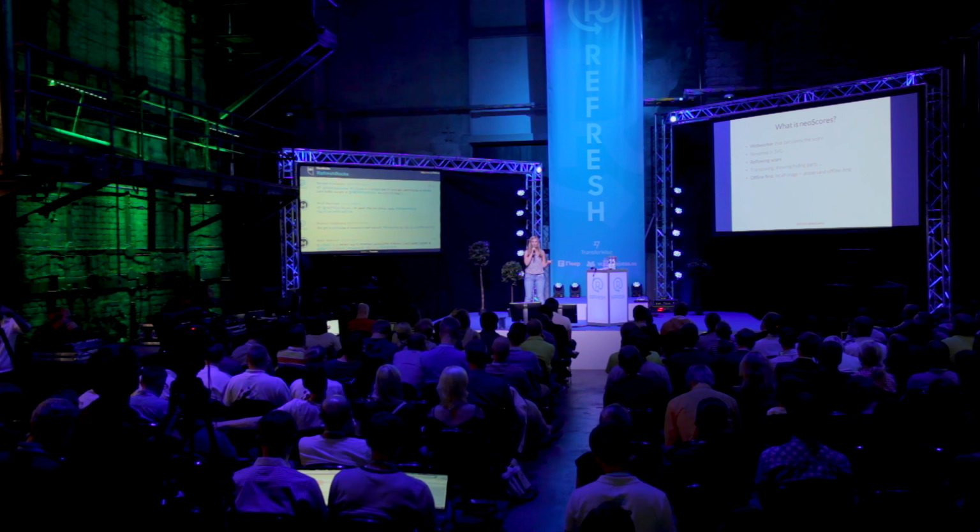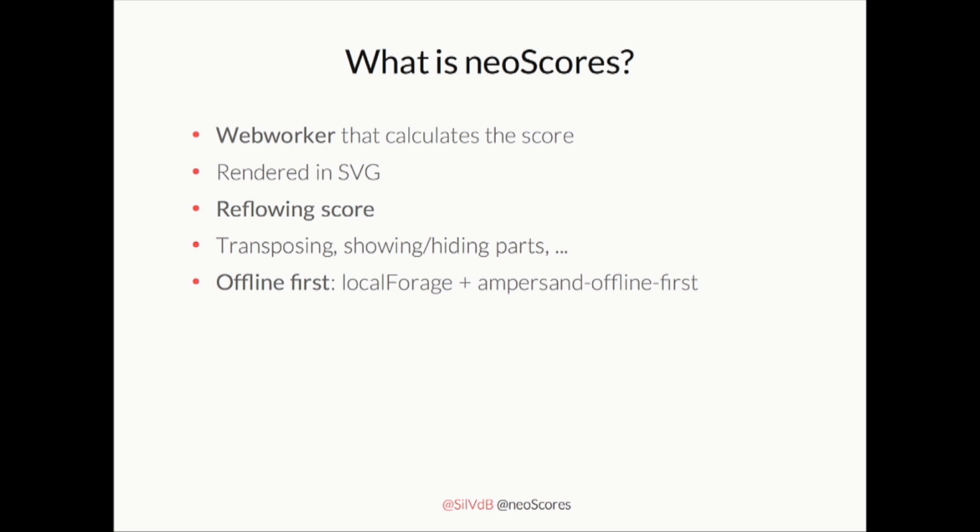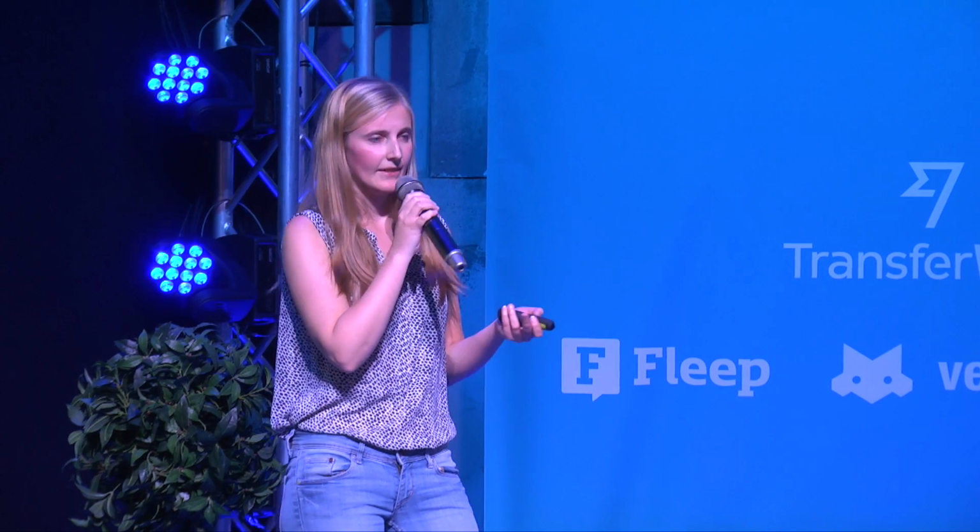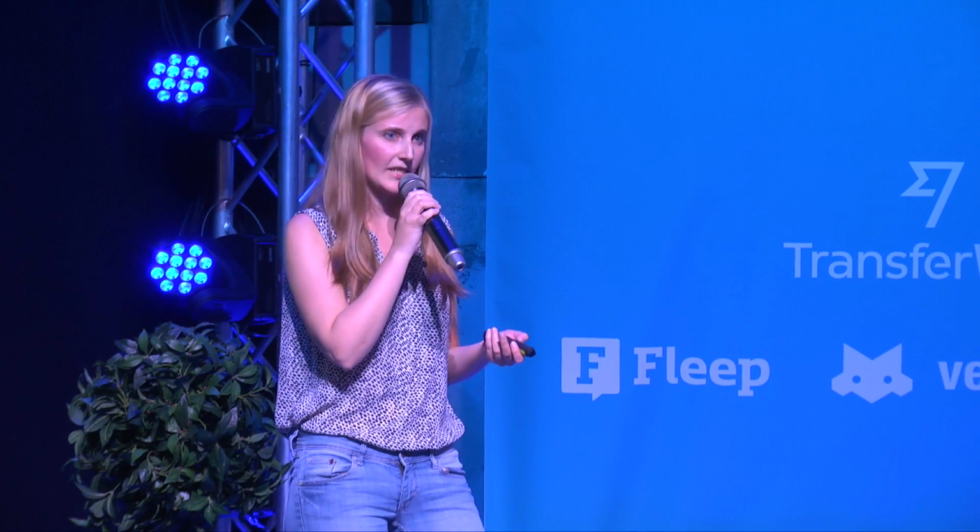In that manner, we can create, in fact, a dynamic score, a responsive score, because when a user changes the dimensions of his screen, or he turns his iPad around or something like that, the web worker starts calculating again and returns the score perfectly for that screen size.